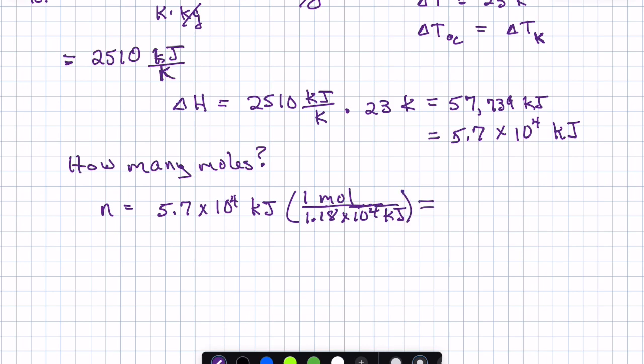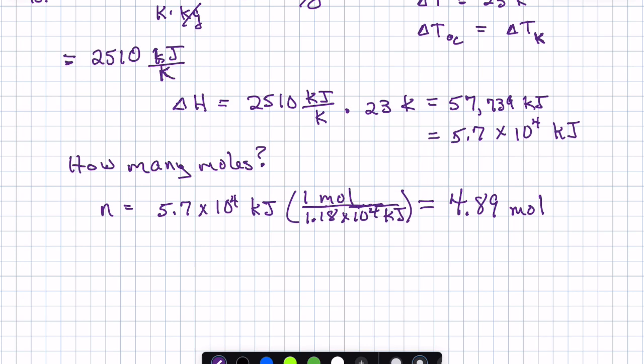All right, so we get a value for the number of moles of 4.89. And again, I'm not worried too much about sig figs at this point. 4.89 moles for the number of moles of arachidonic acid that need to be burned in order to warm the bear from 2 degrees Celsius to 25 degrees Celsius.